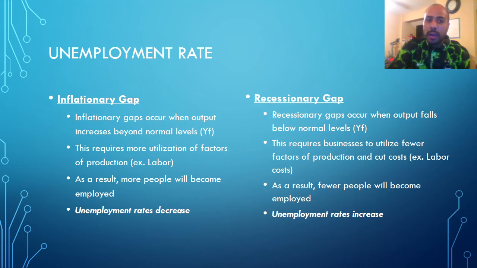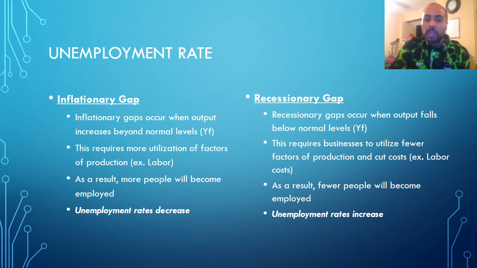Okay, now when we talk about the unemployment rate, remember that the unemployment rate is going to change based on whether we have an inflationary gap on our aggregate model or a recessionary gap. Inflationary gaps happen when we have increases of output beyond the normal level of output, beyond YF. Remember that if we're ever shifting to the right of our LRAS, that is an inflationary gap.